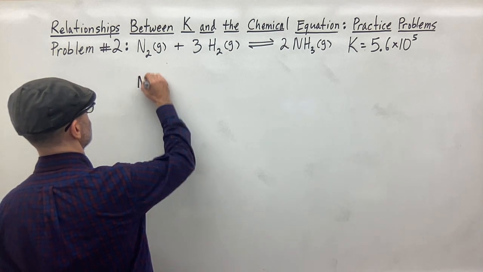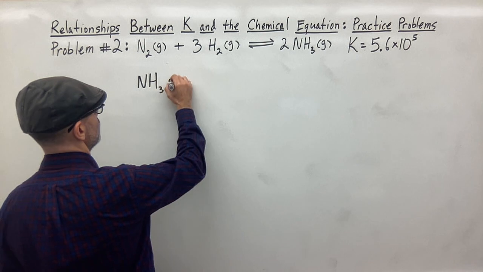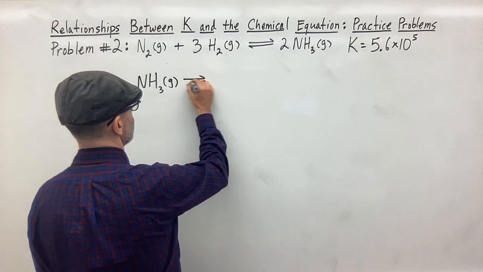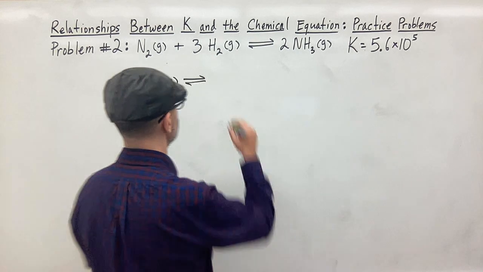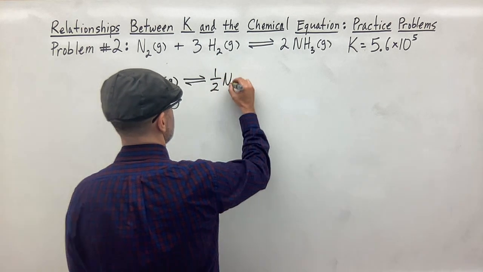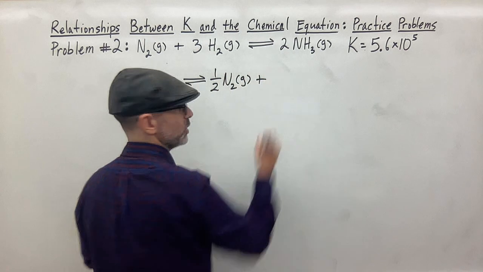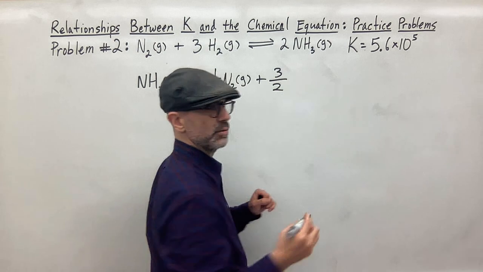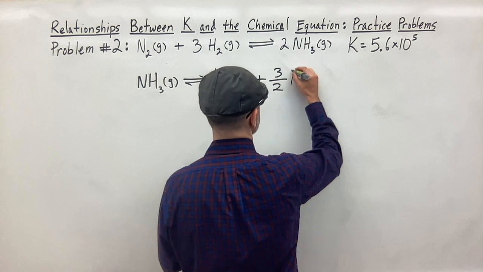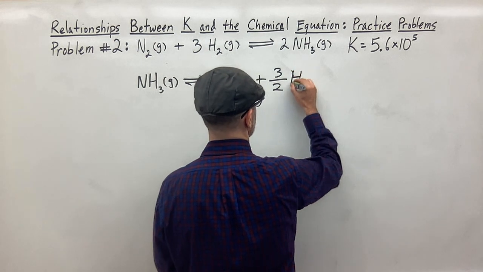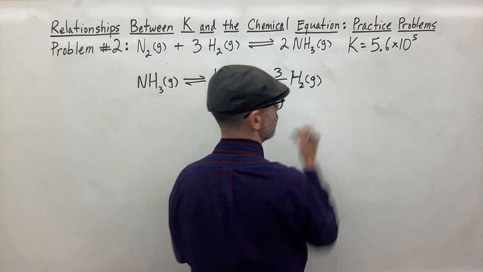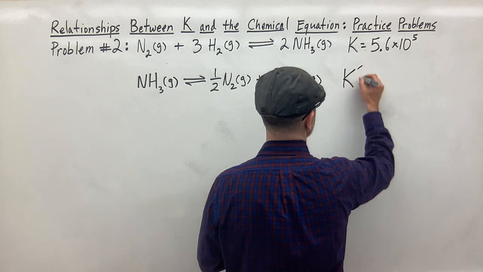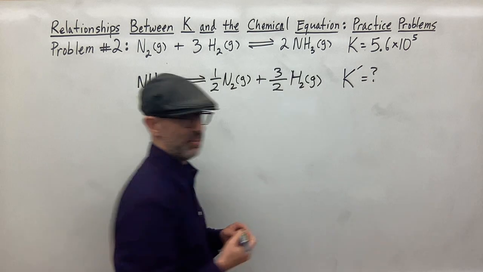NH3 gas is in equilibrium with 1/2 N2 gas plus 3/2 H2 gas, and we're asked to find K prime.